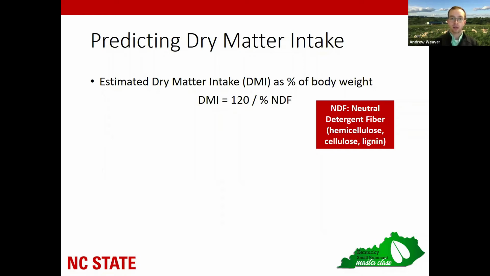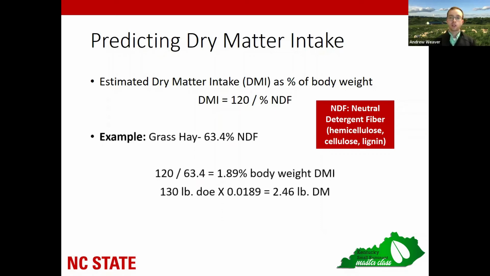So let's walk through an example. We have the grass hay. This is straight off that Kentucky hay analysis. Our grass hay is 63.4% NDF. So we plug that into the equation. We have 120 divided by 63.4. Now it's important here to utilize the whole number. I realize that it's a percentage, but don't convert it to a decimal.